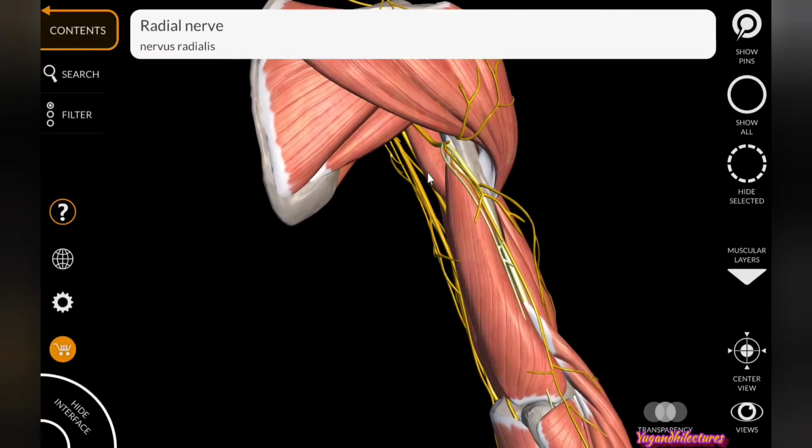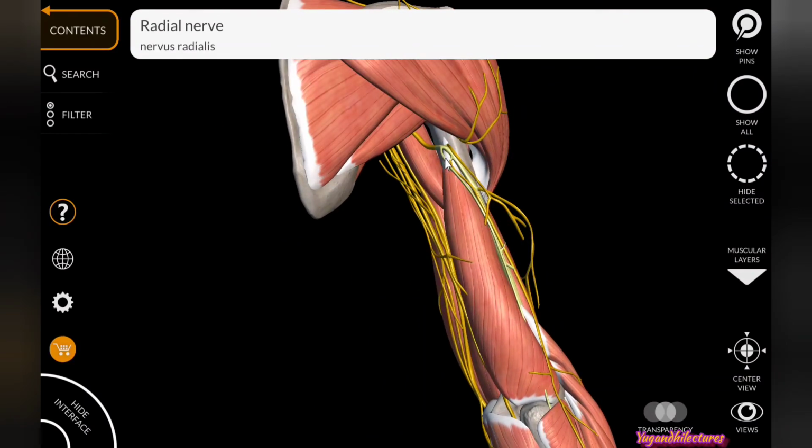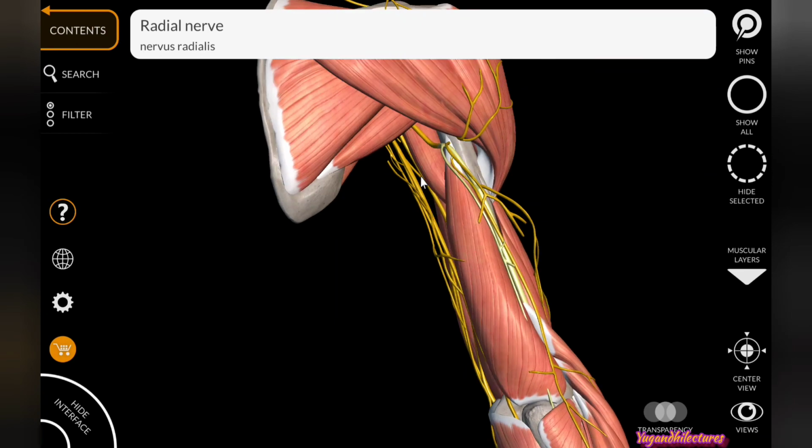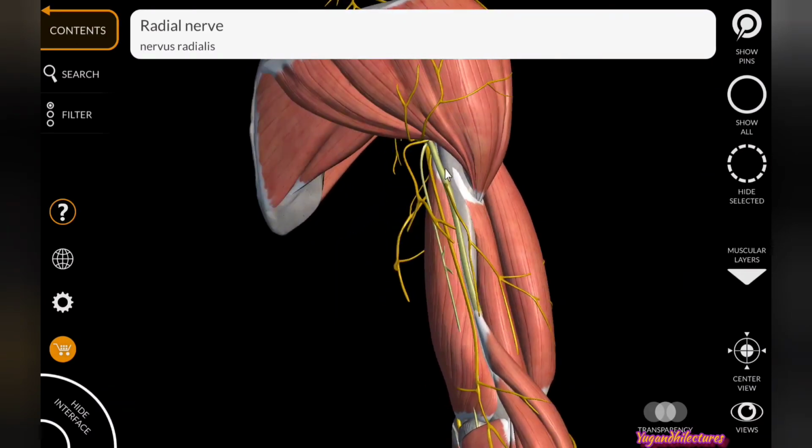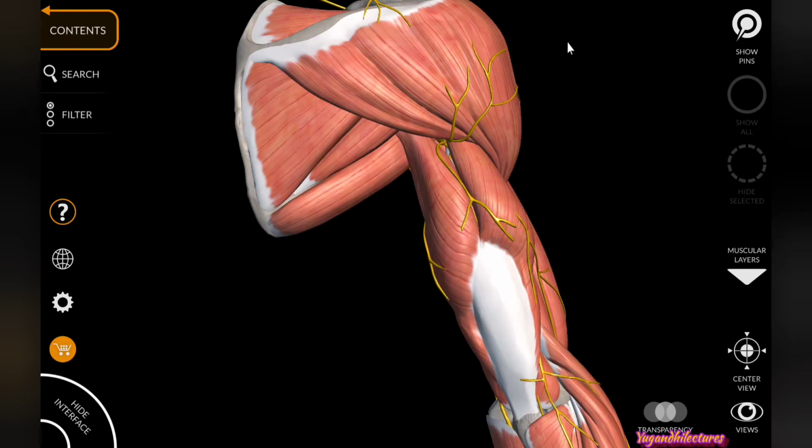So you can see this is one of the branches of the radial nerve. And of course, you may all know that the radial nerve arises from the posterior cord of the brachial plexus, and its root value is C7, C8.